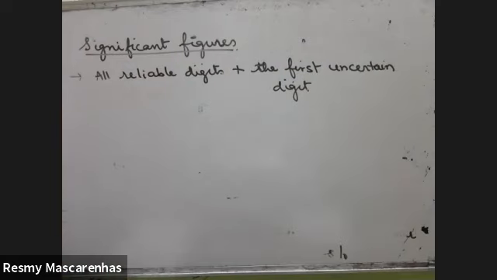A significant figure is all reliable digits plus the first uncertain digit. What it means, I'll explain directly with the help of an example. So just write this.